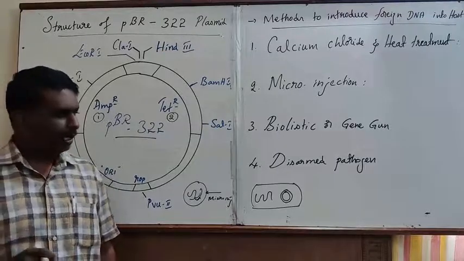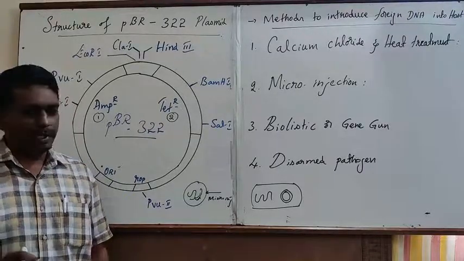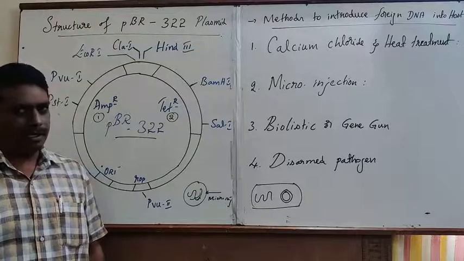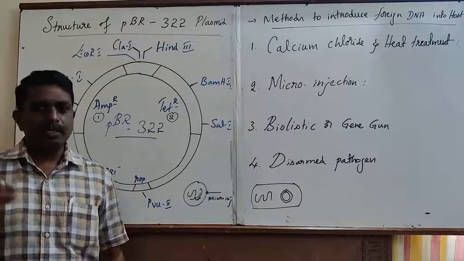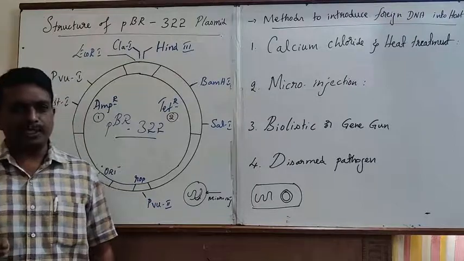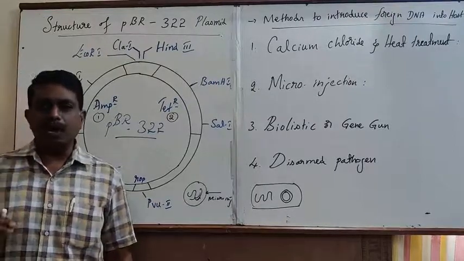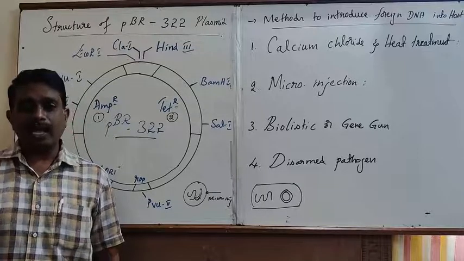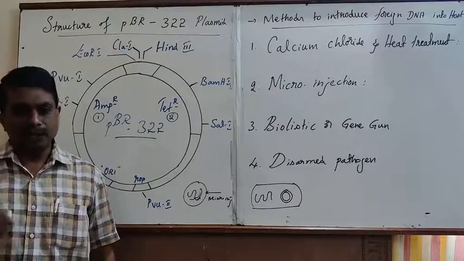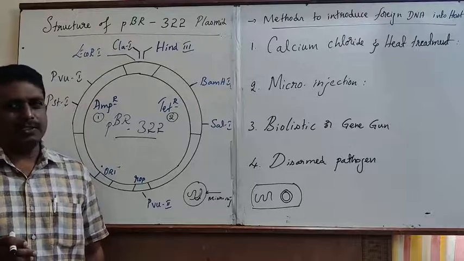The last important methodology to introduce recombinant DNA into the host is the disarmed pathogen. The disarmed pathogen refers to the use of a non-pathogenic virus as a vector to infect the host cell.